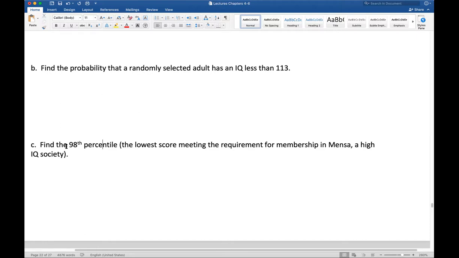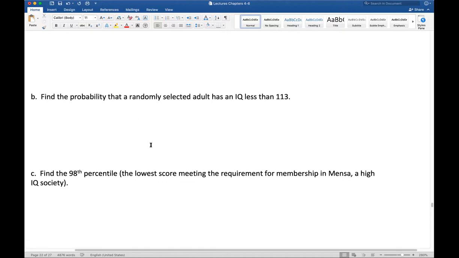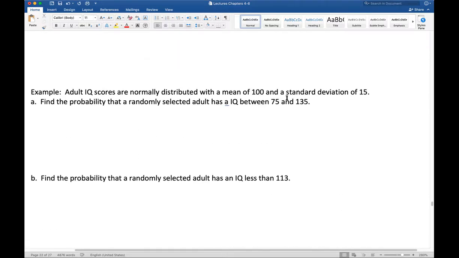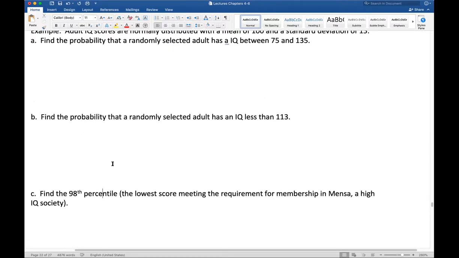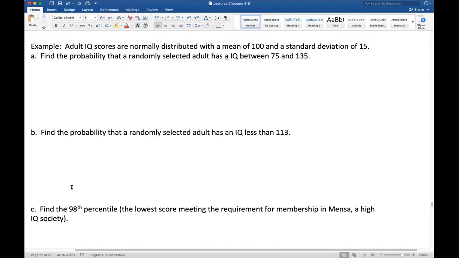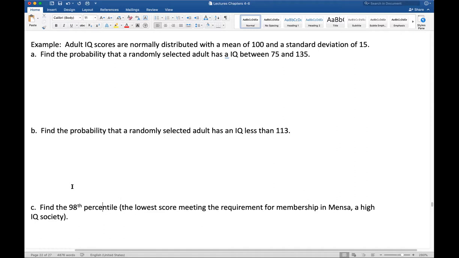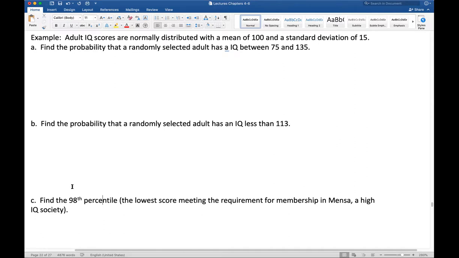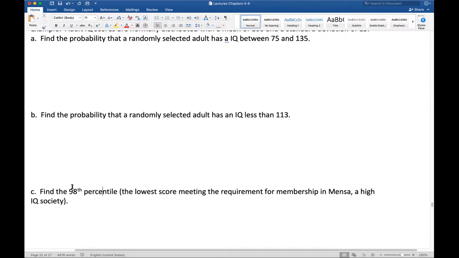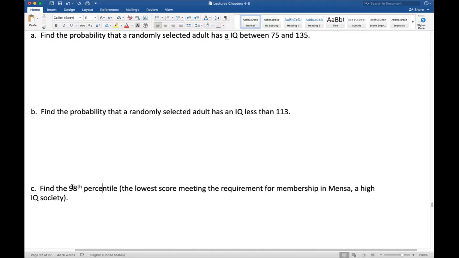Finding the 98th percentile means finding, in this case not the z-score, because this problem is about a normal distribution, not the standard normal distribution, the value of the random variable of the normal distribution whose area from negative infinity to that random variable is 0.98. Keep this in mind.